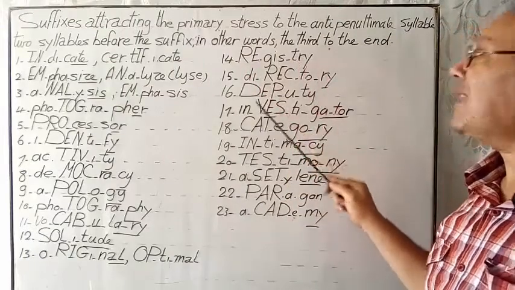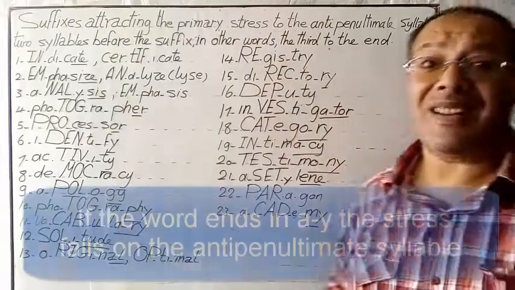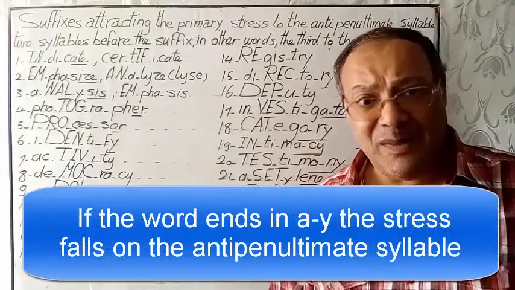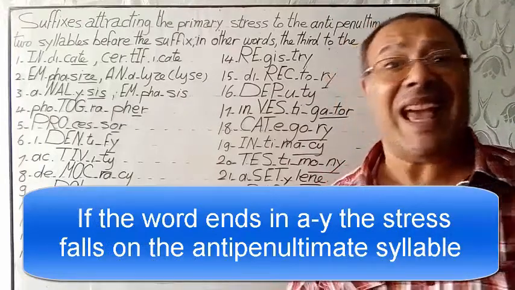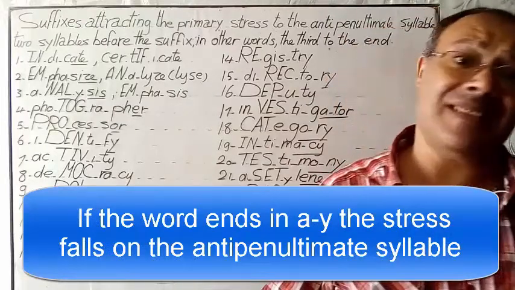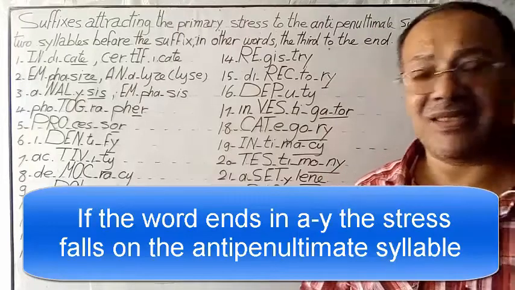R-Y, registry. Generally speaking, if the syllable ends in Y, the antepenultimate syllable is stressed. It's a rule.